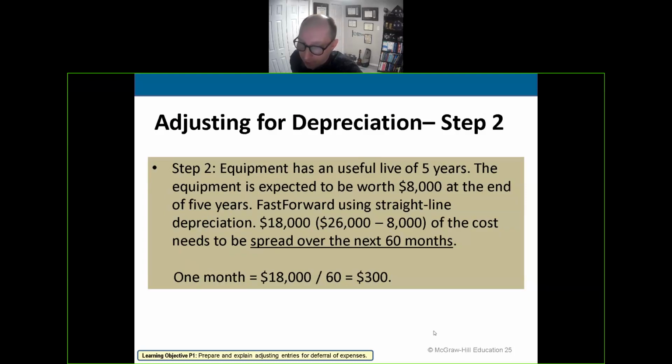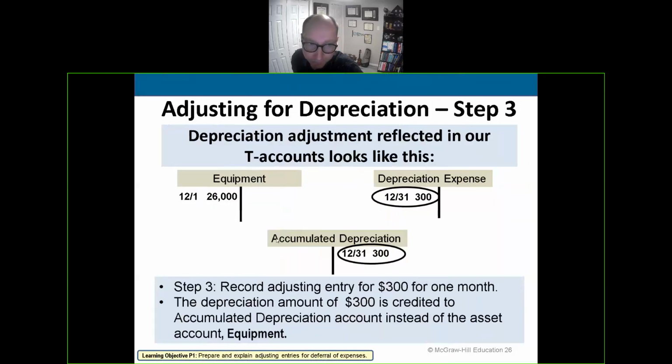We never subtract depreciation from the asset. We create a contra account to the asset. And I'll show you what this looks like. We purchased a piece of machinery on December 1 for 26,000. At the end of December, we debit depreciation expense 300, and we credit accumulated depreciation 300. The accumulated depreciation, as I said earlier, is a negative asset account.